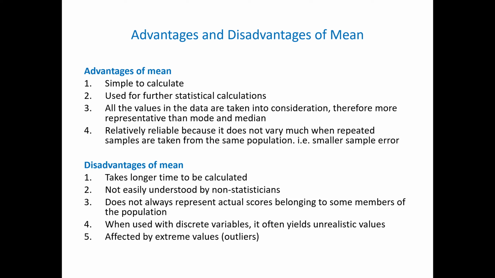Even if your original data does not have decimals, by the time you divide by the number, it may have decimals. Then it does not always represent an actual score belonging to some member. It's the same thing I'm saying: 2.5, but no number of children is actually 2.5 or 2.3. When used with a discrete variable, it is often not a realistic value. Then it is affected by extreme outliers. So we'll talk about outliers later.